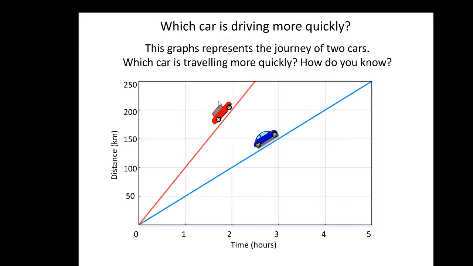So it doesn't mean it's going up a bigger hill. If they both start at the start point, the red one travels 250 kilometres in 2.5 hours, whereas the blue one takes 5 hours to travel the same distance. So the blue one is half as fast as the red one.